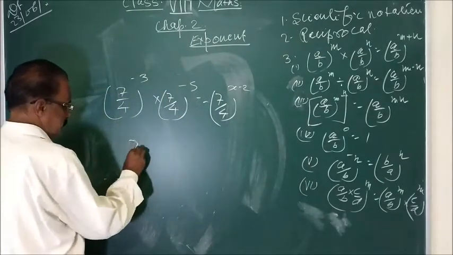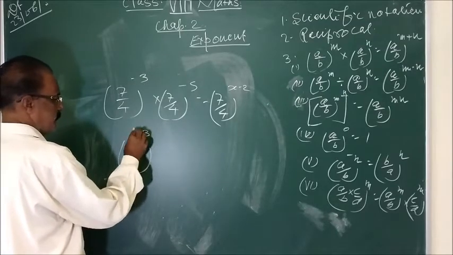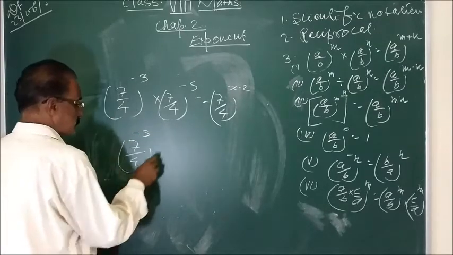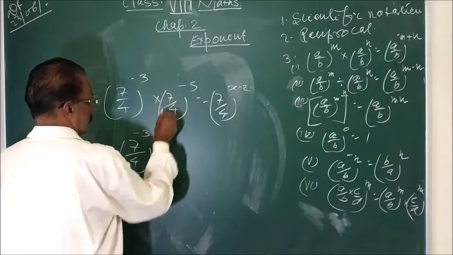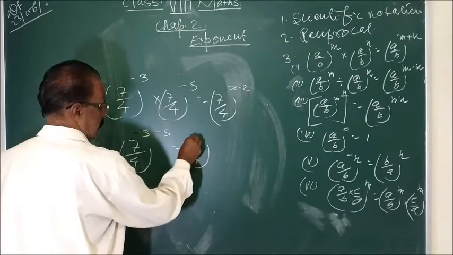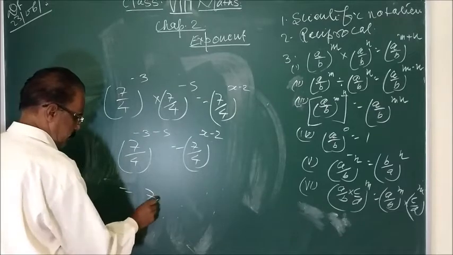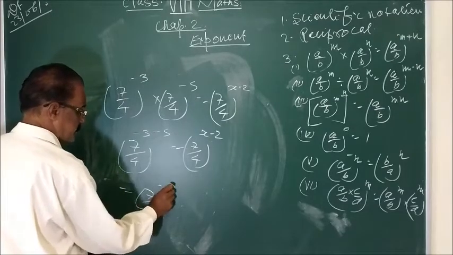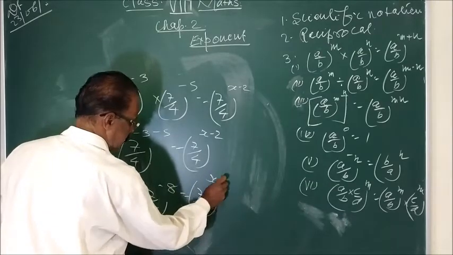So now this will be 7 by 4 is the base and powers minus 3 plus minus 5 is equal to 7 by 4 whole power x minus 2. And this will be 7 by 4 whole power minus 8. And here will be 7 by 4 to the power x minus 2.